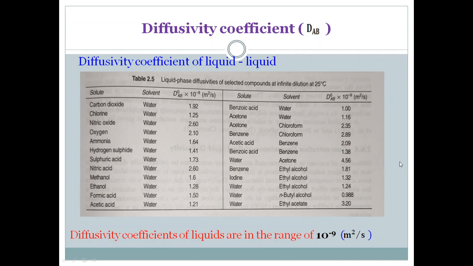You will find them in Perry's Handbook of Chemical Engineering, from the library, or in some online documents, where you can get the diffusivity data at 25 degrees. So diffusivity of liquids is in the 10 to the power minus 9 range, in meter square per second.